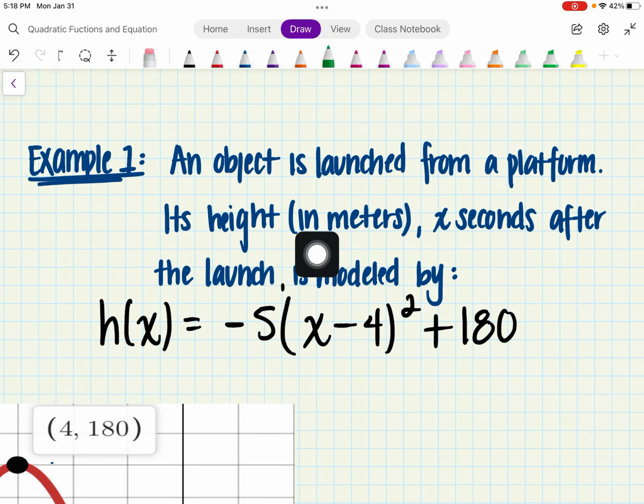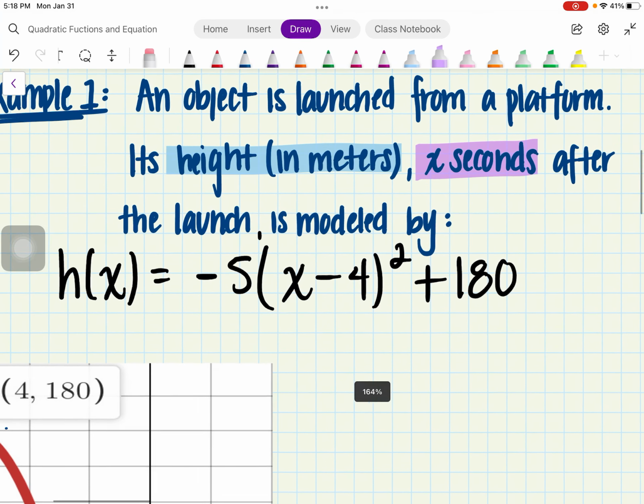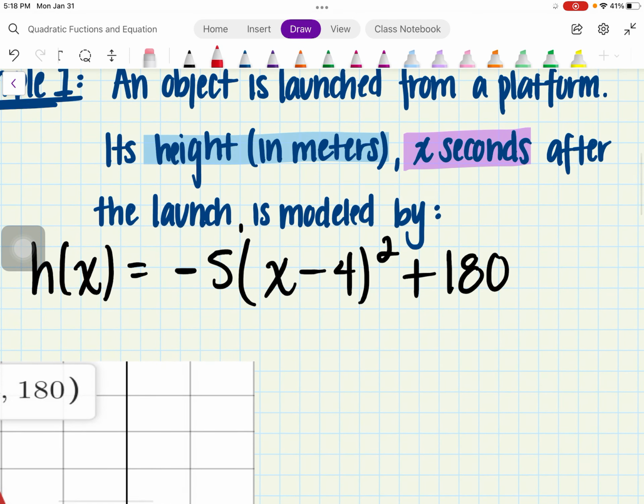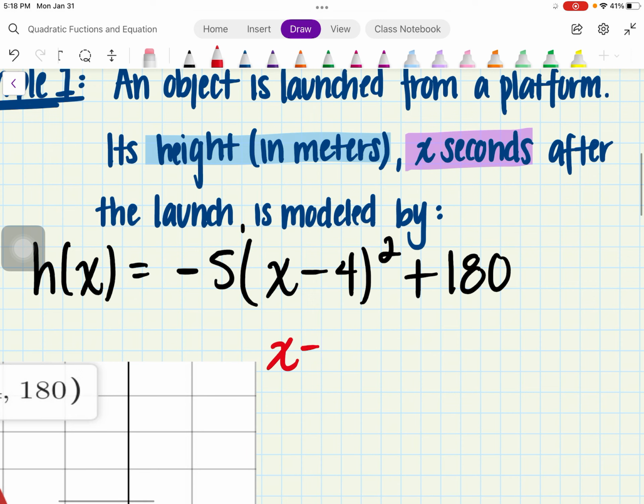So first off, guys, it says an object is launched from a platform. Its height in meters, x seconds after being launched, is modeled by the following equation. Now, in each problem, guys, you will be given 2 units of measure. For example, here they are giving us height in meters, and they're also giving us x seconds. Based on these 2 units of measure, we have to identify which one represents x and which one represents y.